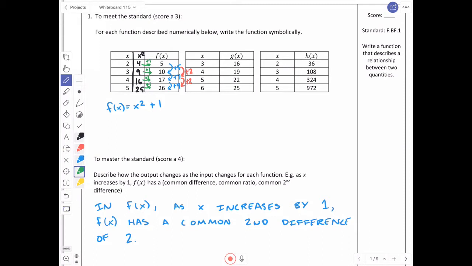Okay, then in g of x, I'm looking at the differences and I see plus 3, plus 3, plus 3. Great!